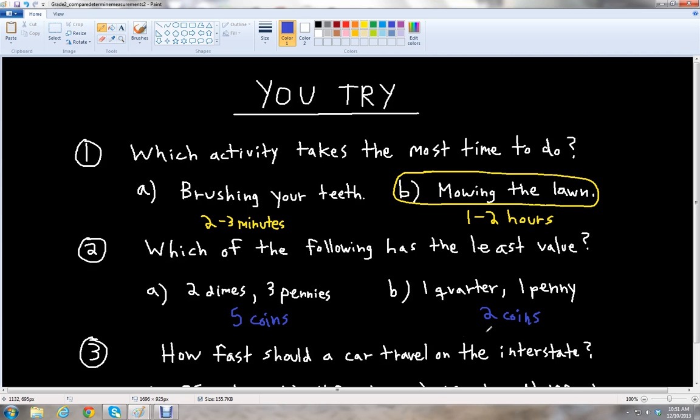That's true that we have fewer coins for 1 quarter and 1 penny than we do with 2 dimes and 3 pennies, 5 coins there. But we want to count the actual value, the amount of change. And whichever has the smaller number of cents will have the least value. So we know that a dime is 10 cents.